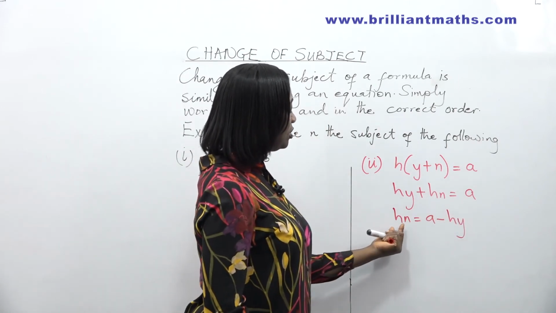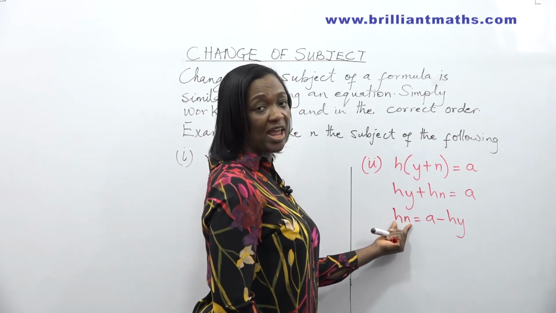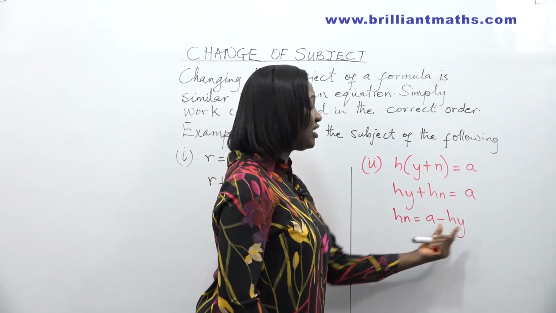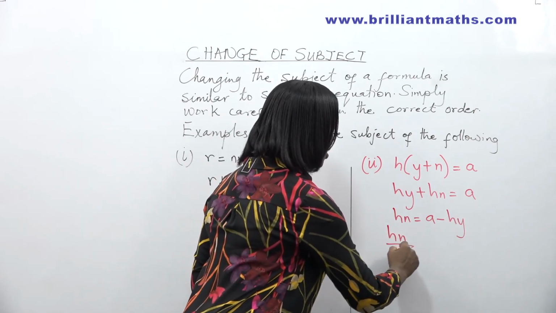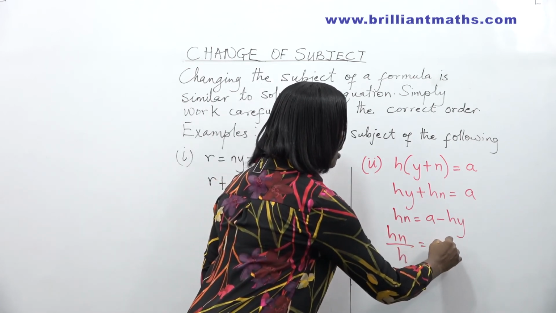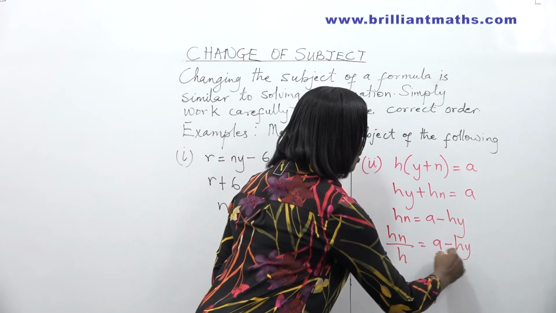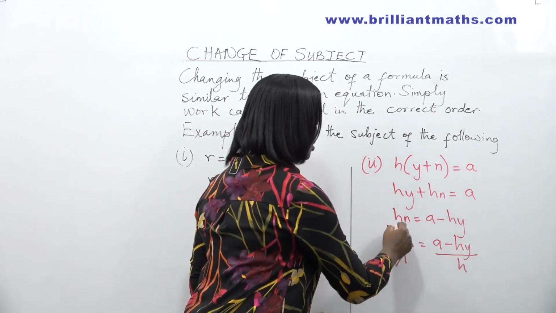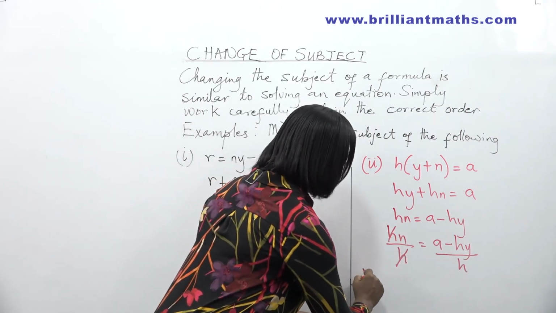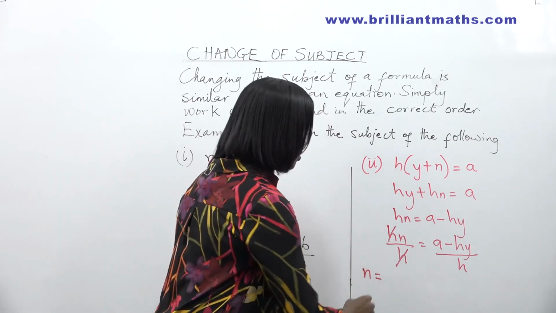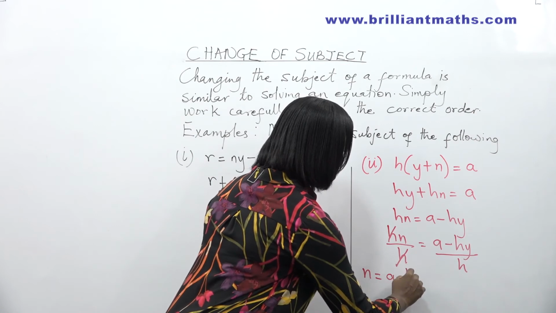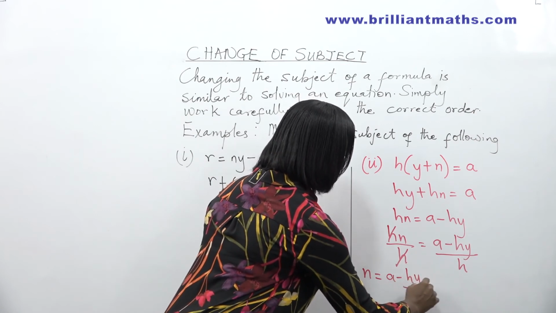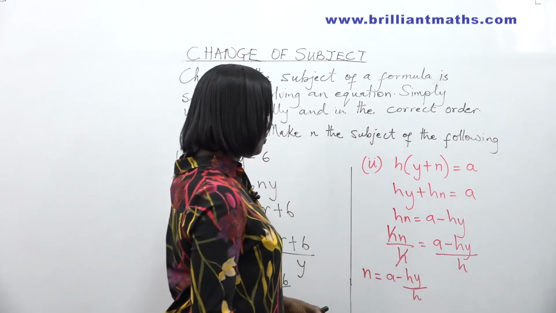So to detangle h and n, we divide both sides by h. So hn over h is equal to a minus hy over h. So that cancels that. N is equal to a minus hy all over h.